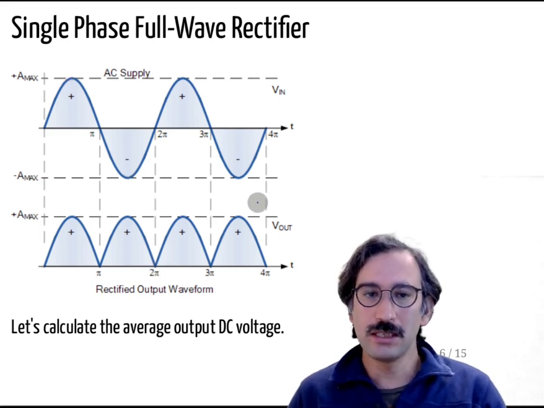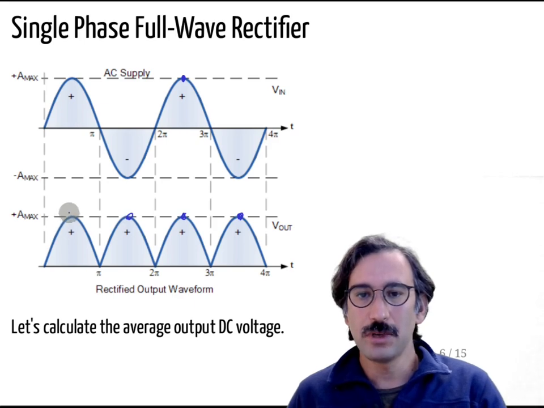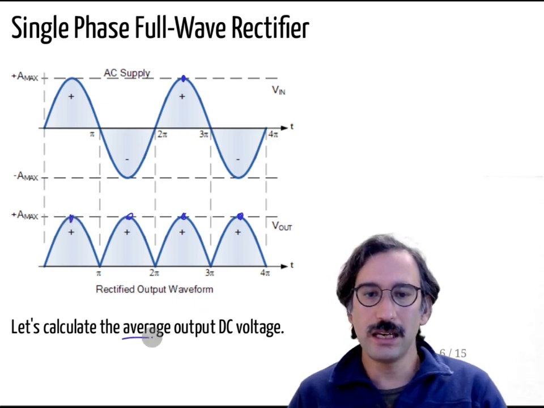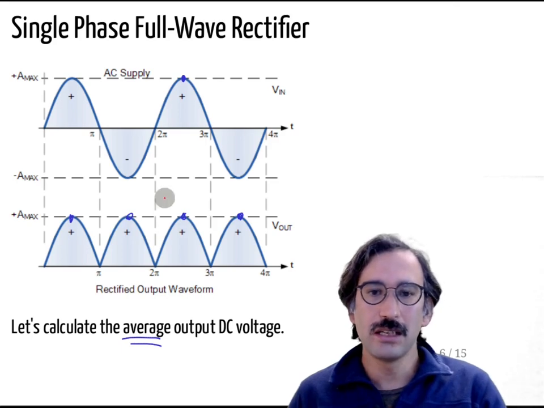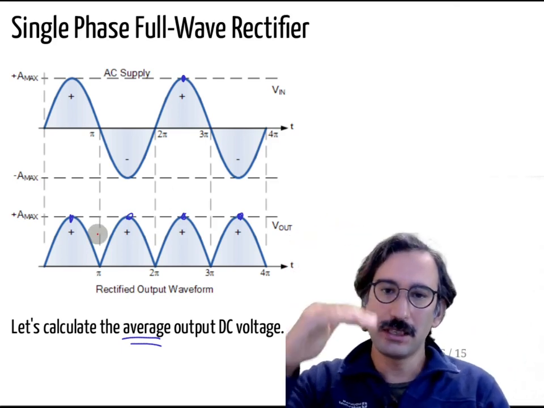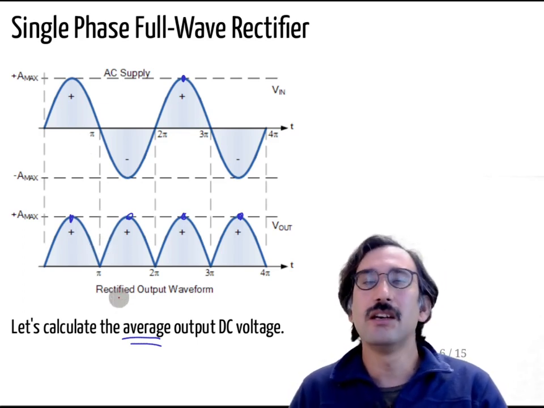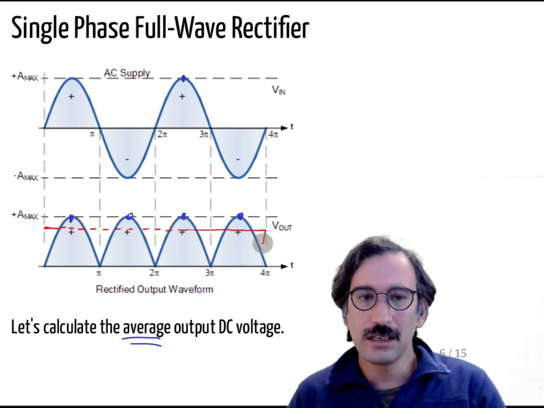So again, this is the peak voltage. The peak voltages are the same, but how can I calculate the average output DC voltage? If I put a capacitor, I can get the highest values and store some energy for the minimum values. For the average voltage, let's say I have an average voltage like that.